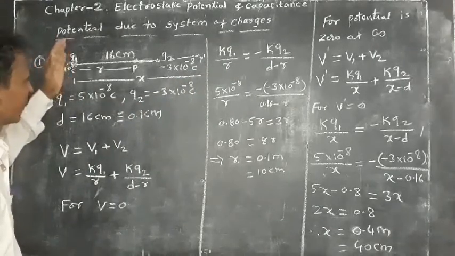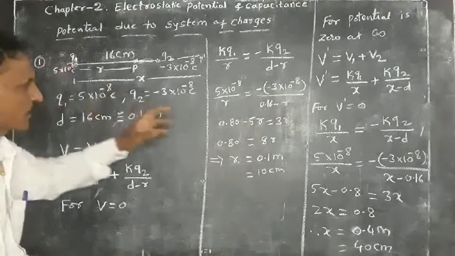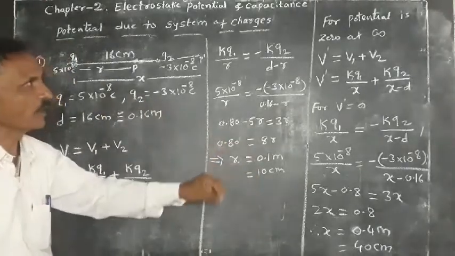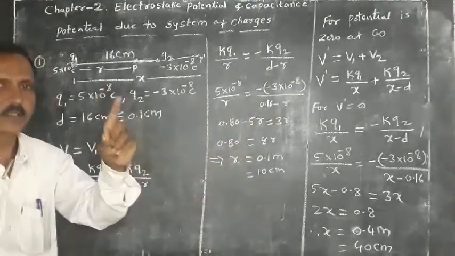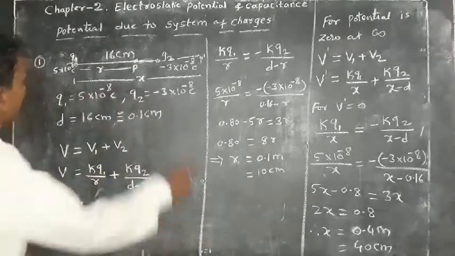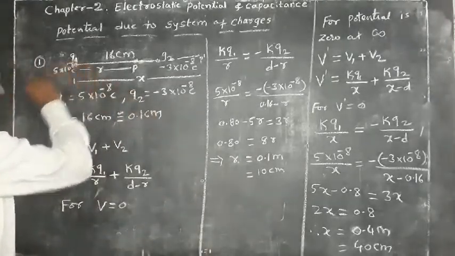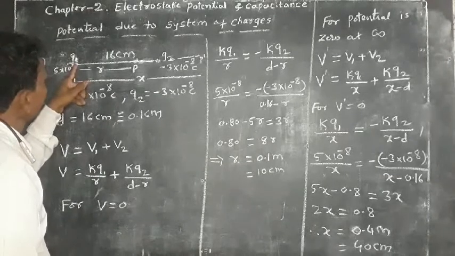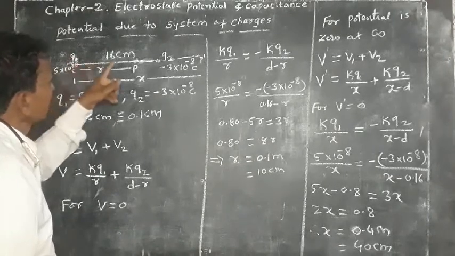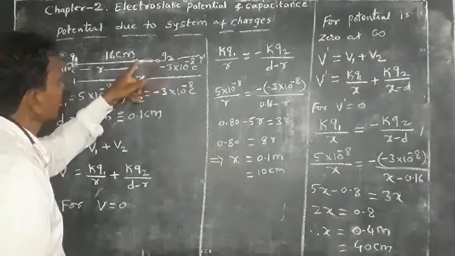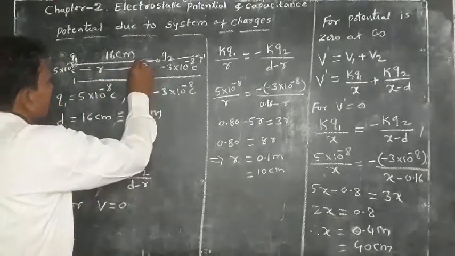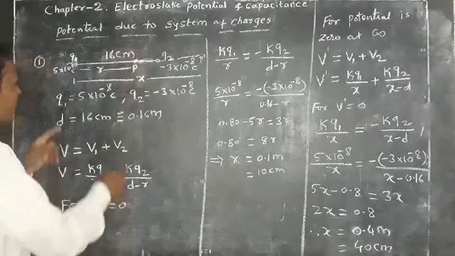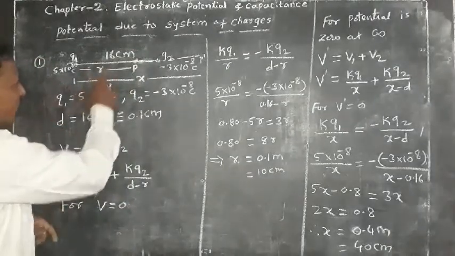or potential at a point, and this condition is satisfied only if potential at infinity is equal to 0, and potential due to Q1 and Q2 is 0 at a point P, then R equal to 10 centimeter.